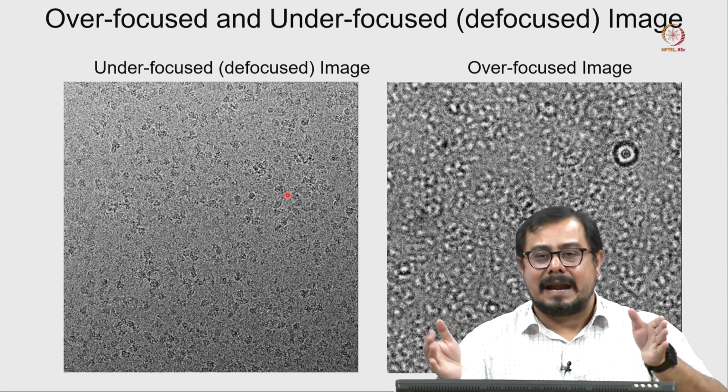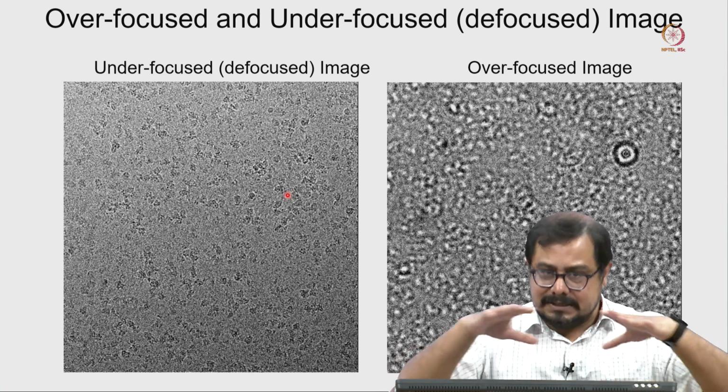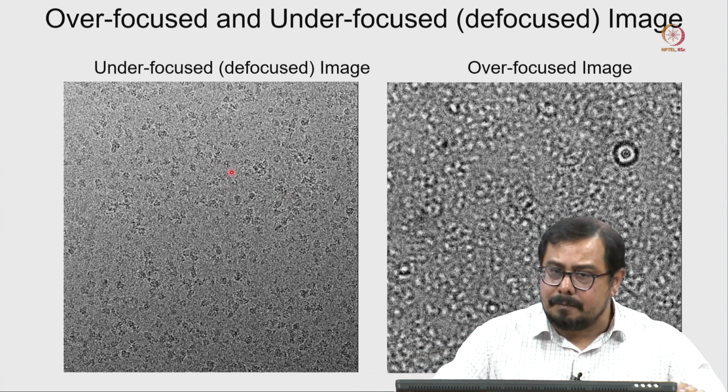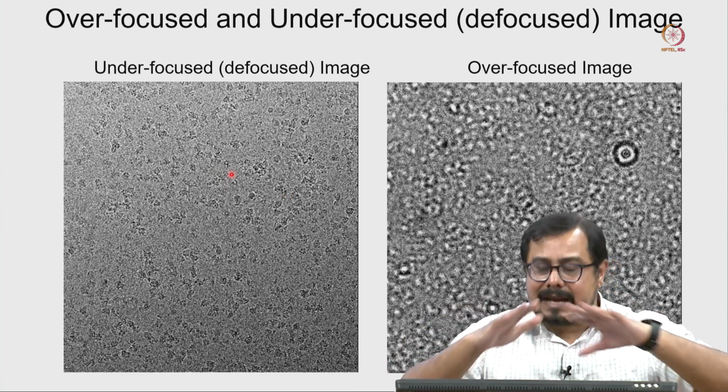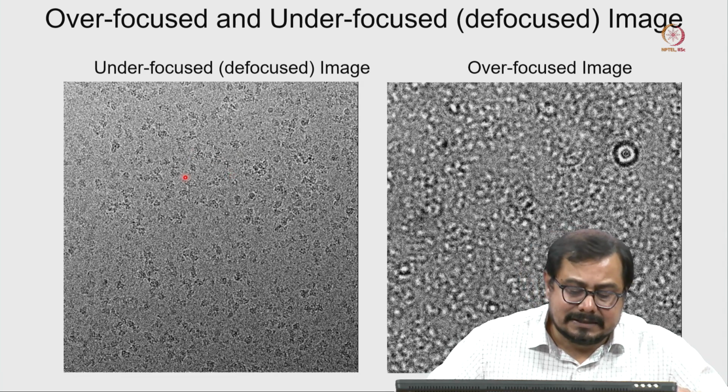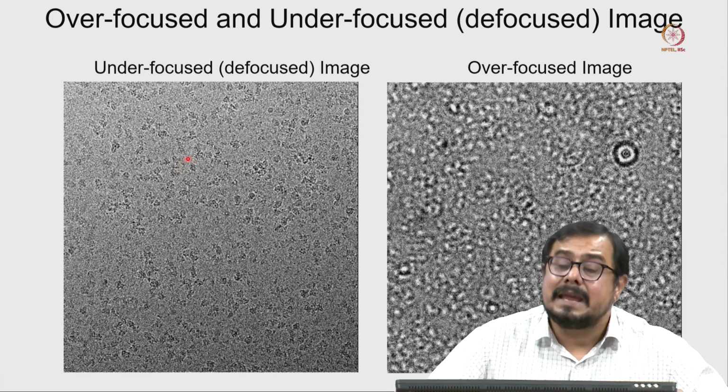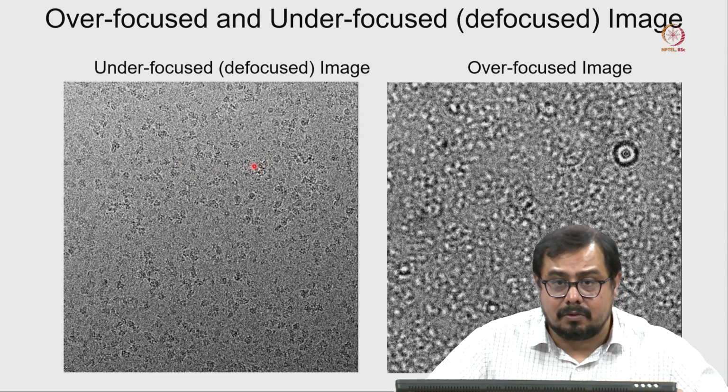When there is scattering, electrons can go through the ice or buffer easily, but not through the protein. Scattering will be more there, and that is the reason our protein appears black in a comparatively white background.